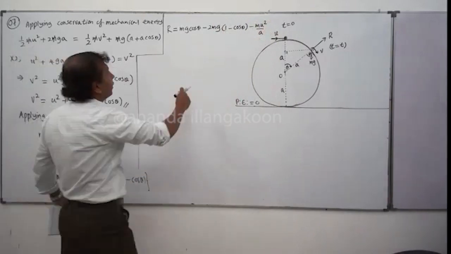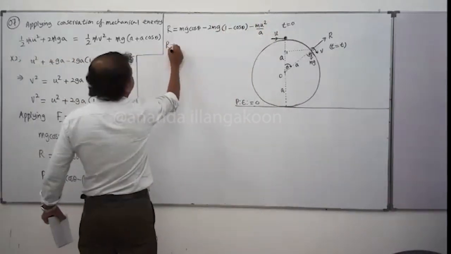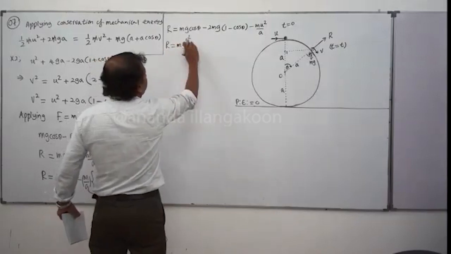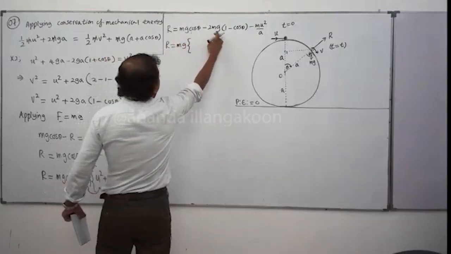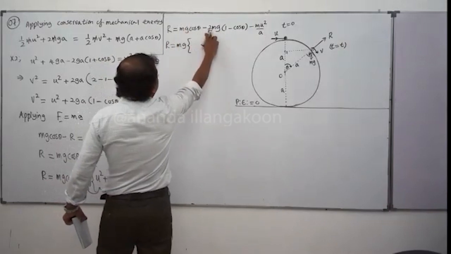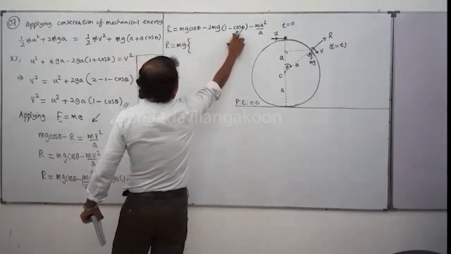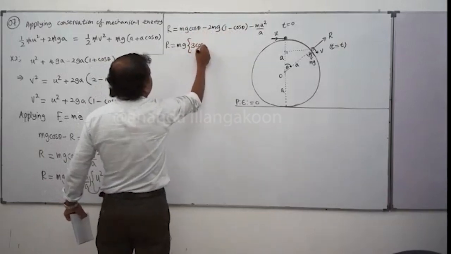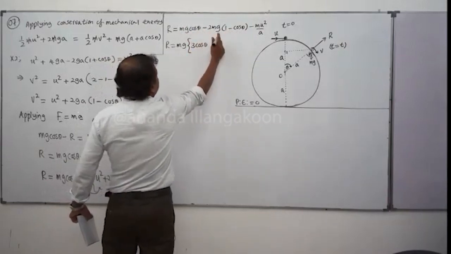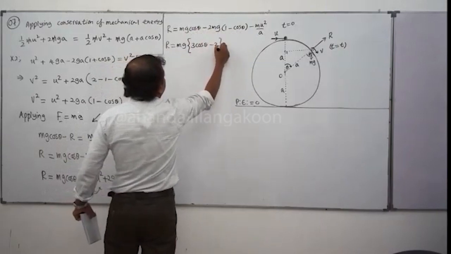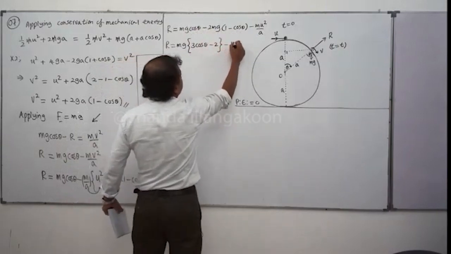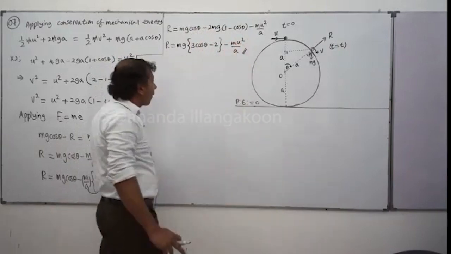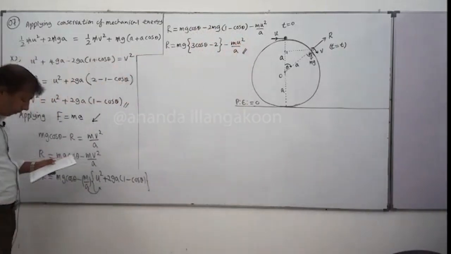You can take people here, mg out. Then here we get cos theta. Here when you take this mg out, here we have minus 2. Multiply this by minus cos theta, we get 2 cos theta, and here cos theta, 3 cos theta. And here minus 2. Minus mu squared upon a. This is how we take R.